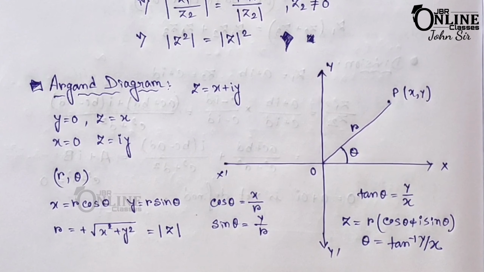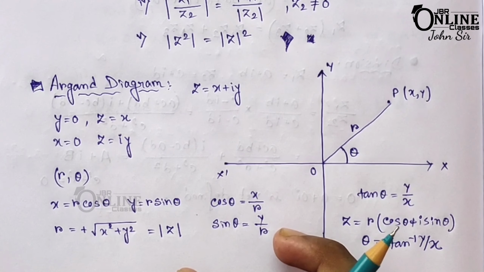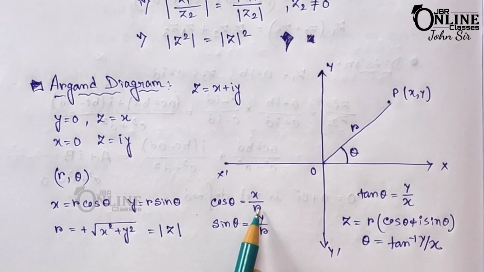Okay, so it's very easy. Then the value of the angle theta which satisfies the equation is called the argument or the amplitude of z. Which equation? Here the equation is cos theta equal to x by r and sin theta equal to y by r.